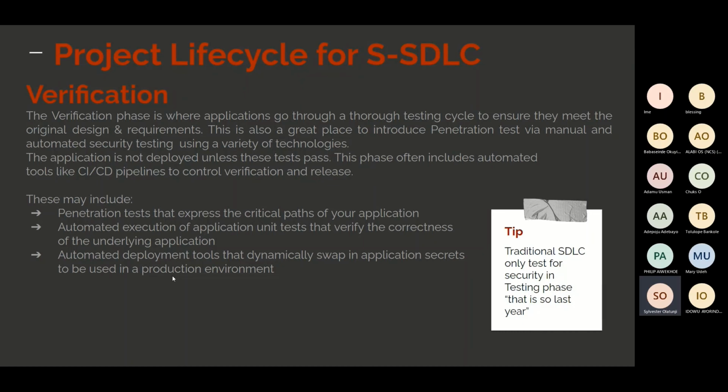There are also automated deployment tools that dynamically swap in application secrets to be used in a production environment. Some developers hard code sensitive secrets in applications, like API keys or tokens. These hard coded secrets are swapped or replaced with a variable that is just referenced.